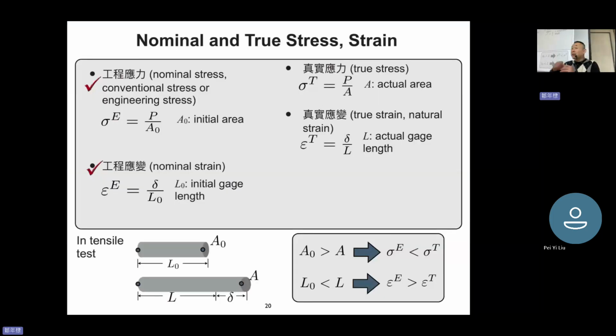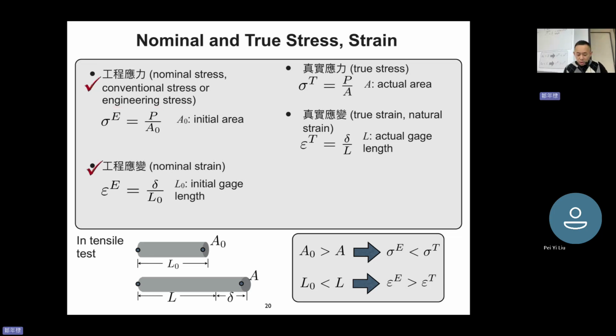During that test, some properties are measured or recorded in the table. So we need to talk about the nominal and true stress and strain. Nominal means everyone thinks of it that way, everyone agrees with that, or the simpler one. Nominal stress is also called conventional stress or engineering stress.